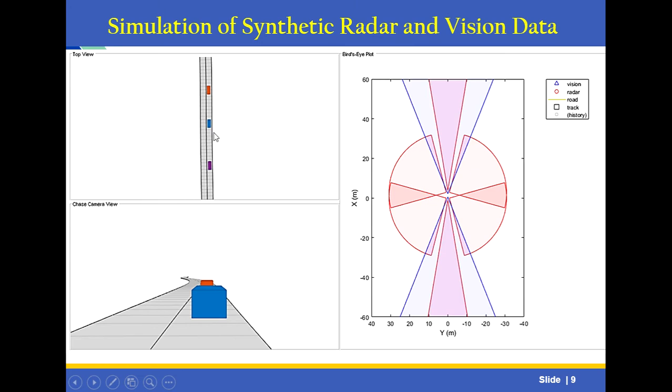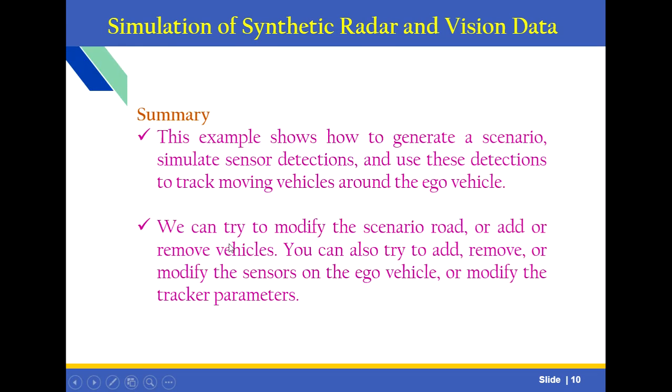This is the top view. Then the bird's eye plot view, where you can see the radar fusion of sensors and the road tracking along with the vehicles.